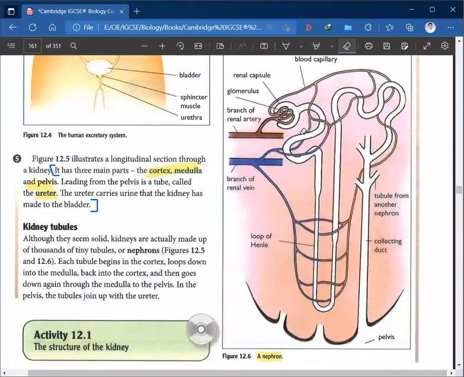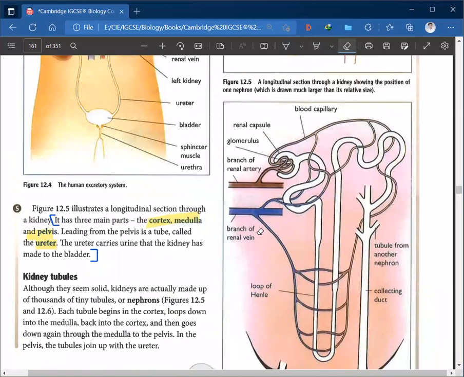Inside the nephron, we have a part called the loop of Henle. Can you see this? Yes, sir. Okay, loop of Henle, and we have these vessels: the renal vein, the renal artery, the glomerulus, the renal capsule, the blood capillaries, all of these things.